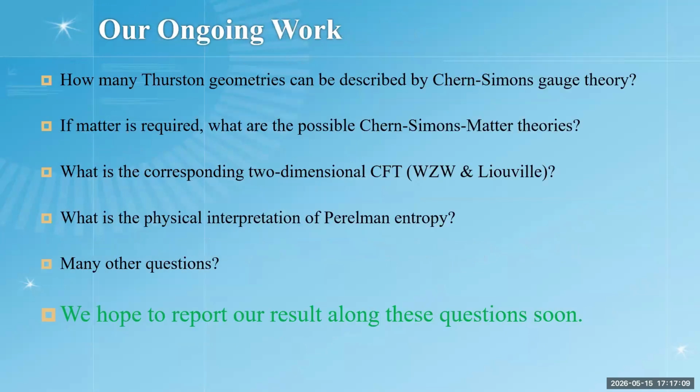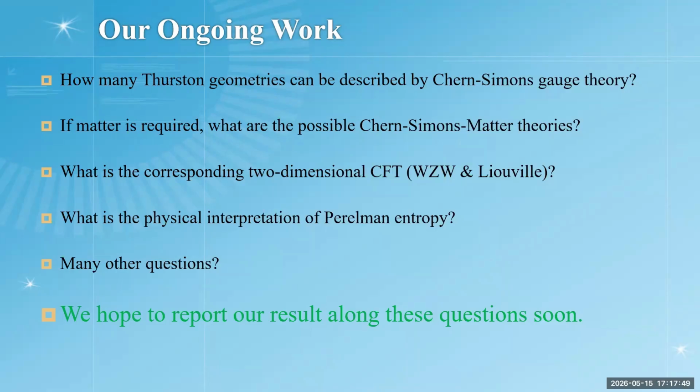Okay, so now we want to find the answer to this question. How many Thurston geometries can be described by Chern-Simons gauge theory? In Chern-Simons gauge theory, we have the freedom of the choice of gauge group, and only that choice. But as I already pointed out, only three kinds of geometries are Einstein manifolds, I mean, vacuum solutions of gravity. That means for other spaces, we need matter.